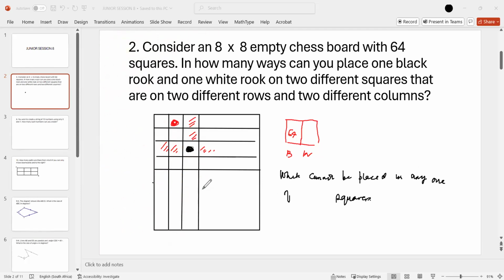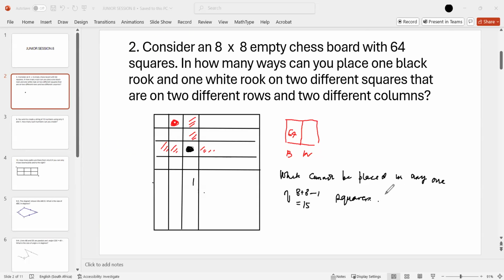Okay, you got 8 here and you got another 8 here. So that's 8 plus 8. But then this square will be counted twice. So you have to remove that second count to count it once. Or if you like, you can say it's 8 plus 7, because you must avoid this square that is already counted. So that is equal to 15 squares. You cannot place it in 15 squares.